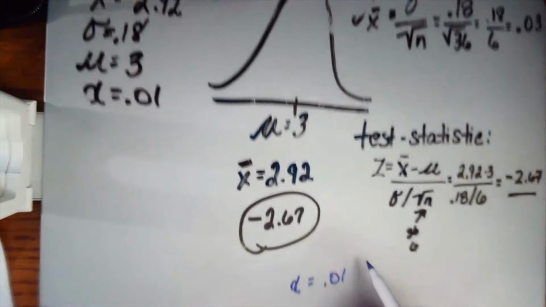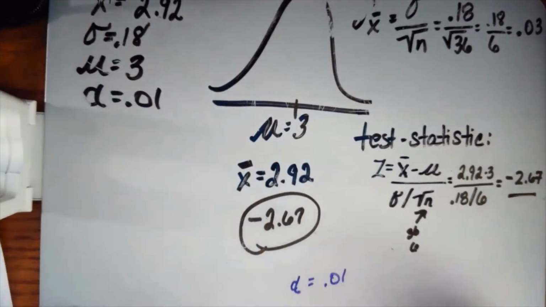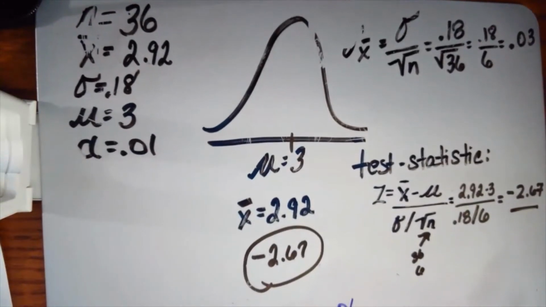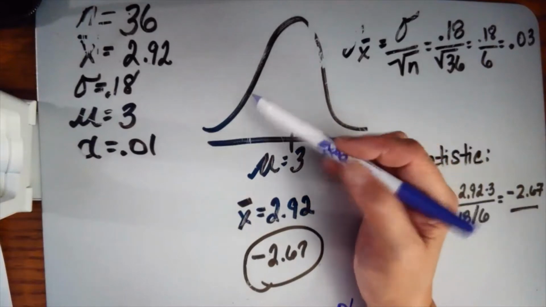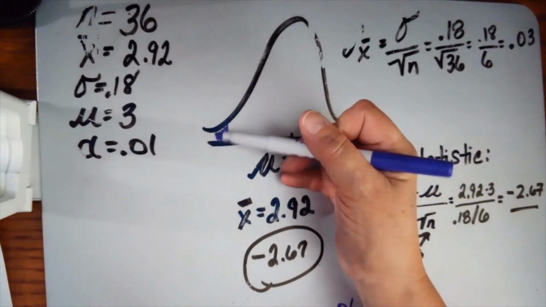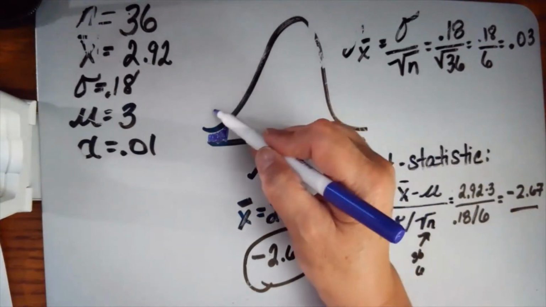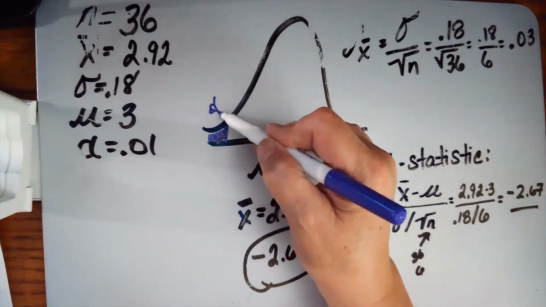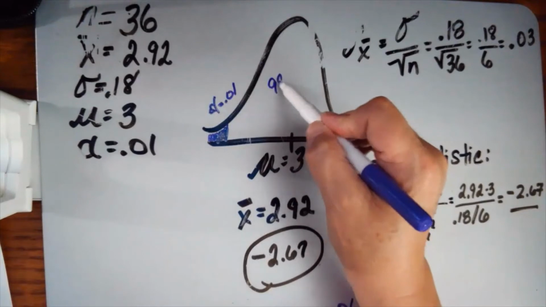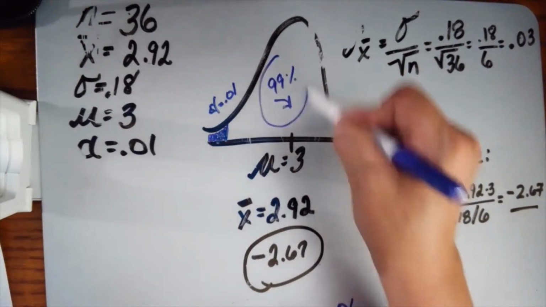What this is telling us is that we want to make sure that we are not making a false claim against this company. Our critical area is down here, again, same as it was in the other. And this value here, critical value, is 0.01. That means with 99% confidence that the test statistic would fall in this area right here.